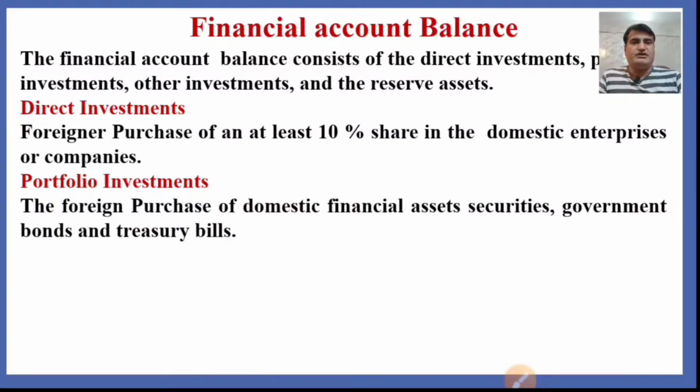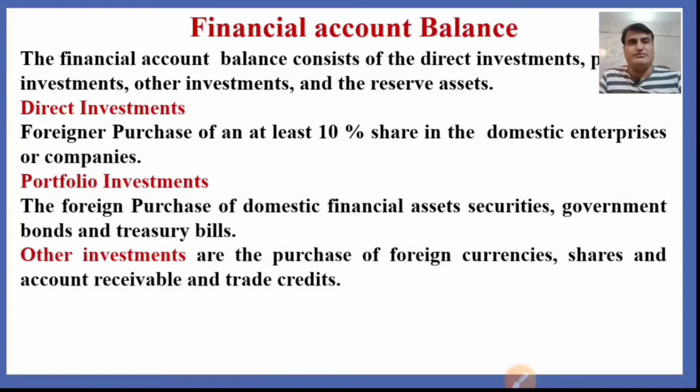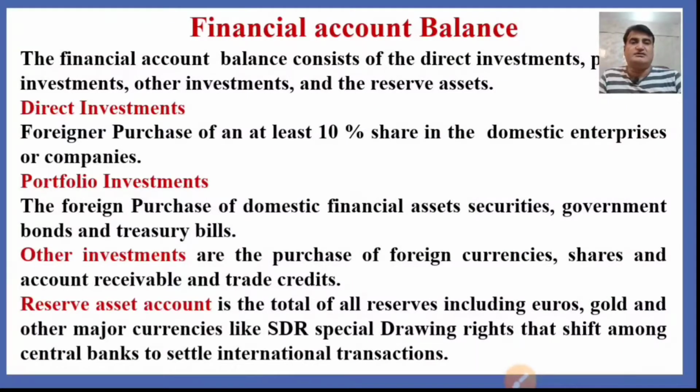Portfolio investment means the foreign purchase of domestic financial assets, securities, government bonds and treasury bills. The other investments are the purchase of foreign currencies, shares, accounts receivable. The reserve assets account is the total of all reserves including gold and other major currencies like SDR, the special drawing rights that shift among the central banks to settle international transactions.